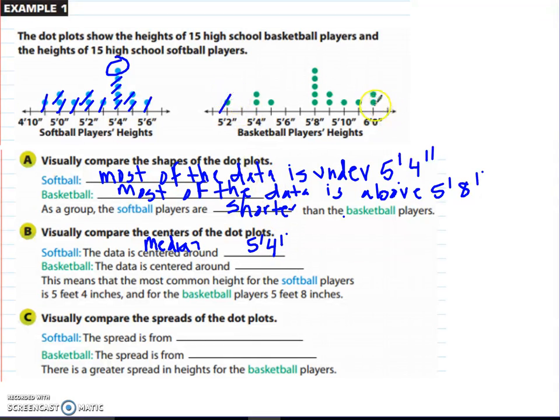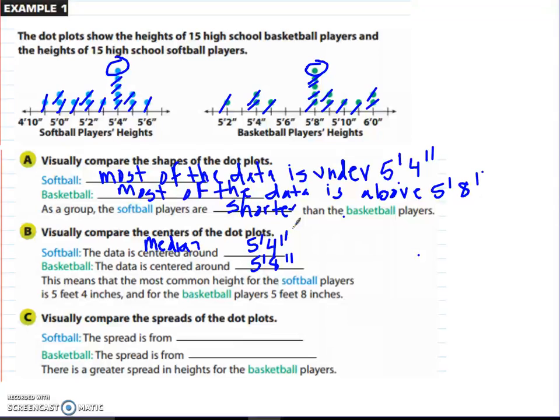For basketball, we have 1, 2, 3, 4, 5, 6, 7, 8. So the median is 5'8". This means that the most common height for softball players is 5'4" and basketball is 5'8".